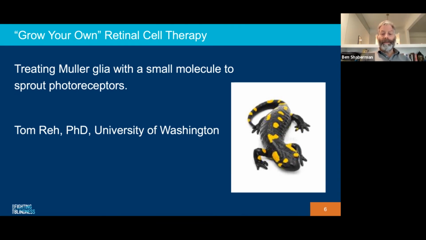But Tom Reh, a very accomplished developmental biologist at the University of Washington, is investigating ways to bestow this self-regeneration capability in humans. So he's studying this in mice. He's had some success there. And now he's investigating this approach in larger animals. So it would be really great if we could coax the retina to regrow its own photoreceptors. That would remove the barriers of integration and potentially immune rejection that can occur when you're transplanting cells from a different source.